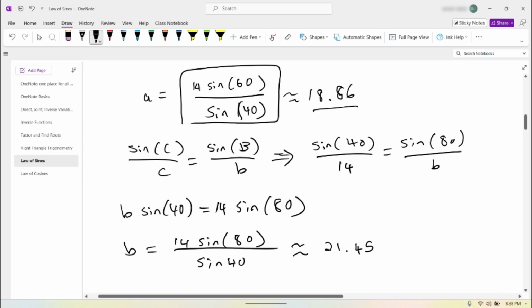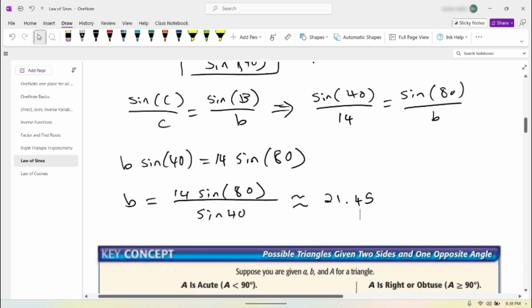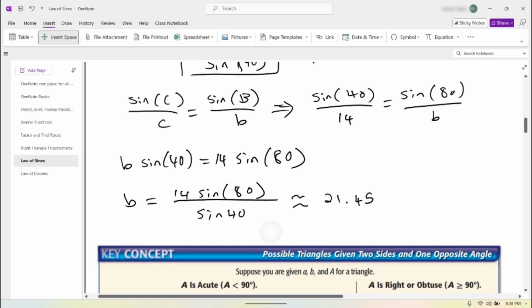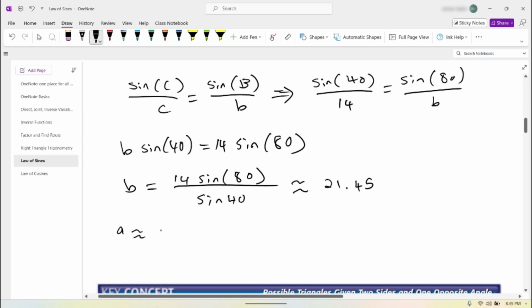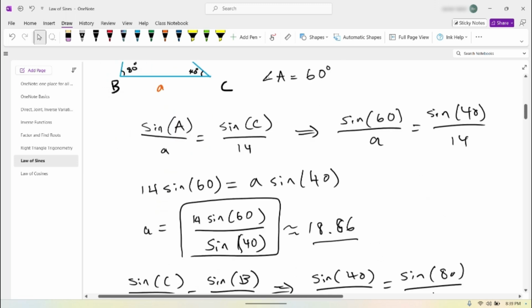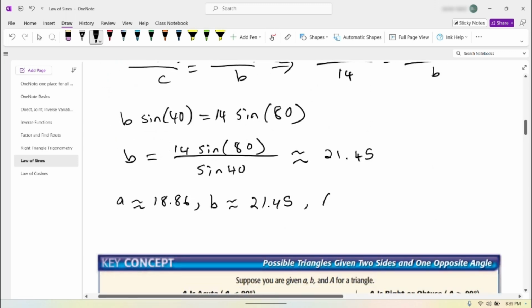All right, so we solved the triangle. So we have a is approximately 18.86, b is approximately 21.45, and then we solved for one of the angles above: capital A is 60 degrees.